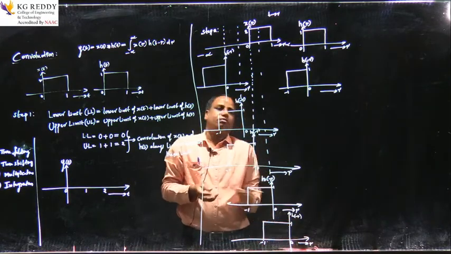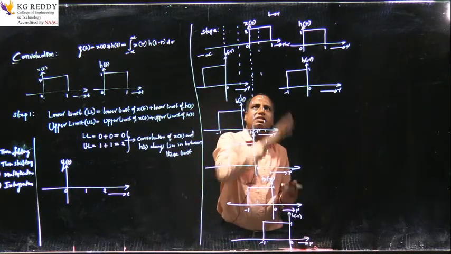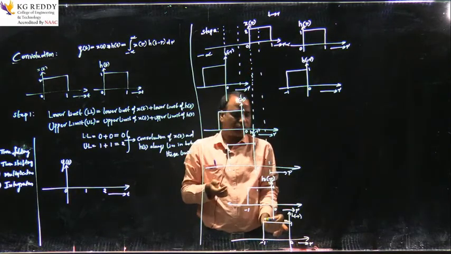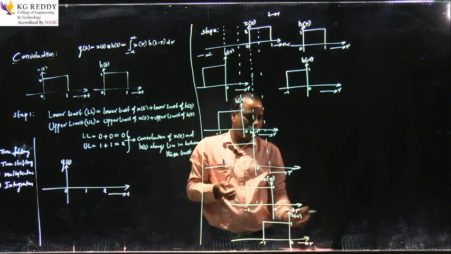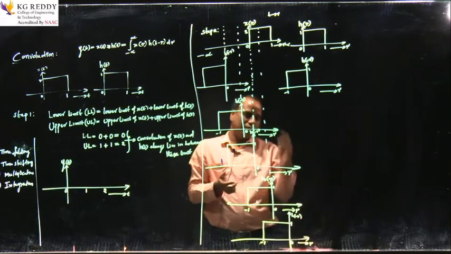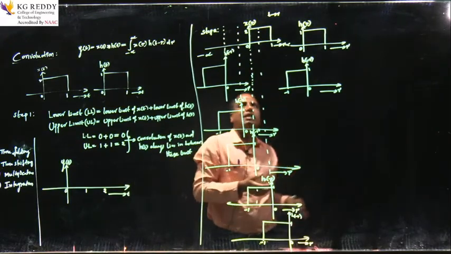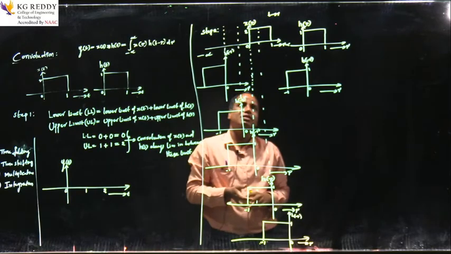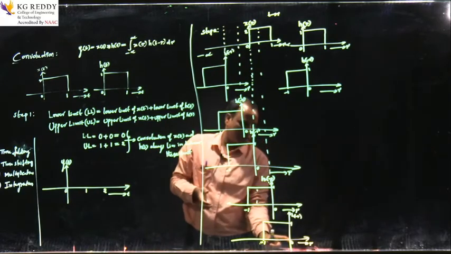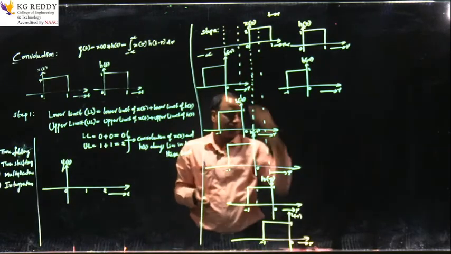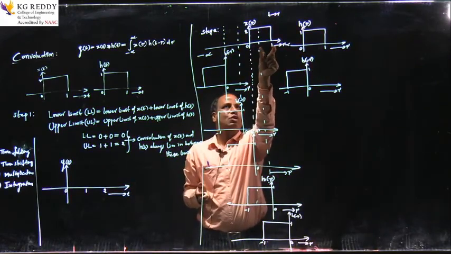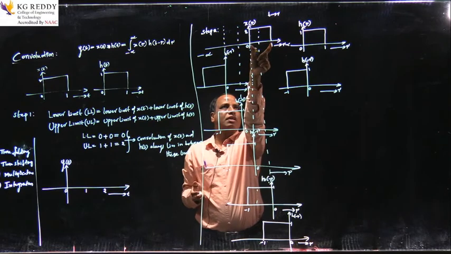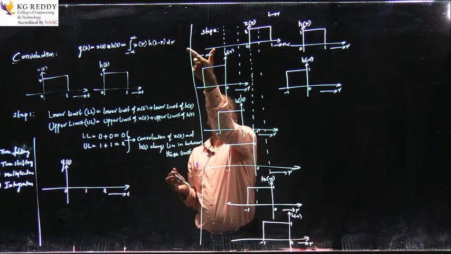If you keep moving the signal towards the right side, there will be maximum overlapping area, 100%, and if you still move the signal towards the right side, the overlapping area keeps decreasing, and here the convolution will be maximum. Slowly there is no overlapping area.